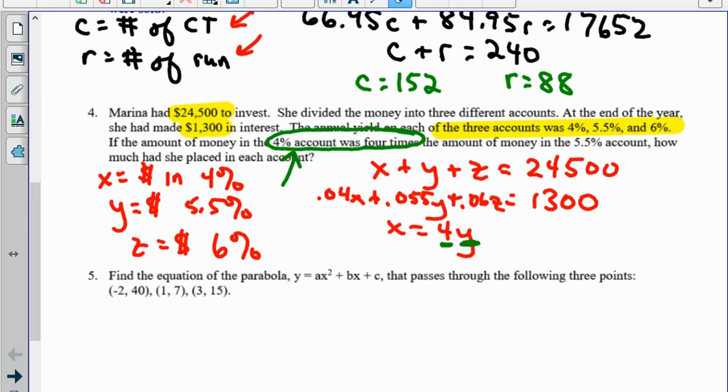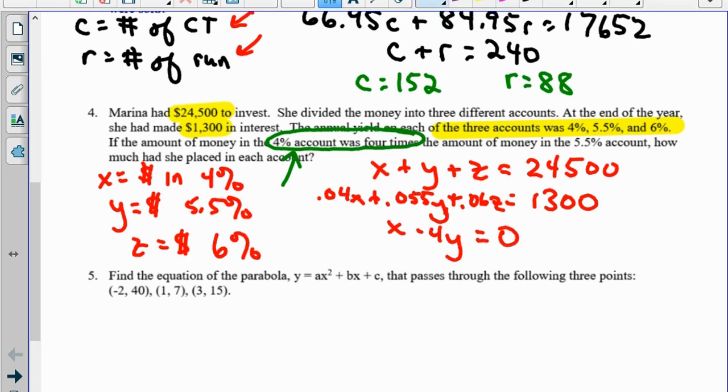Now, if I'm going to solve this by substitution, I would probably just substitute 4y in for x in a lot of different places. But if I wanted to solve using an augmented matrix, I would convert the bottom equation to x minus 4y equals 0.